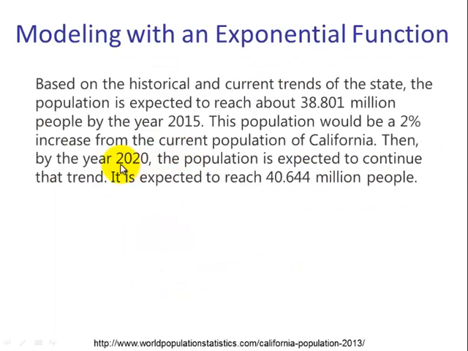So according to this website, in about the year 2020, the population is expected to reach about 41 million people. So whenever we extrapolate the data, our predictions can be way off.